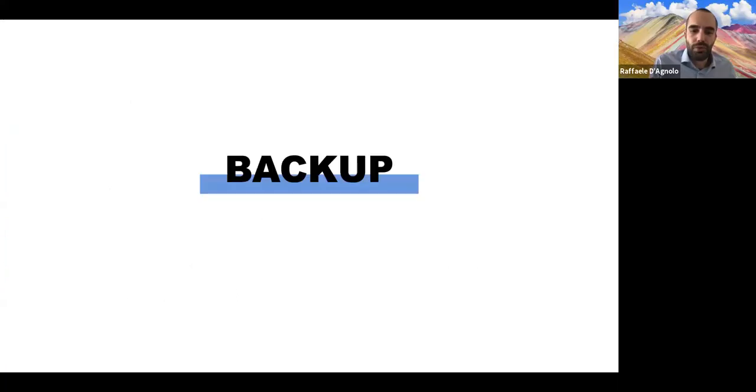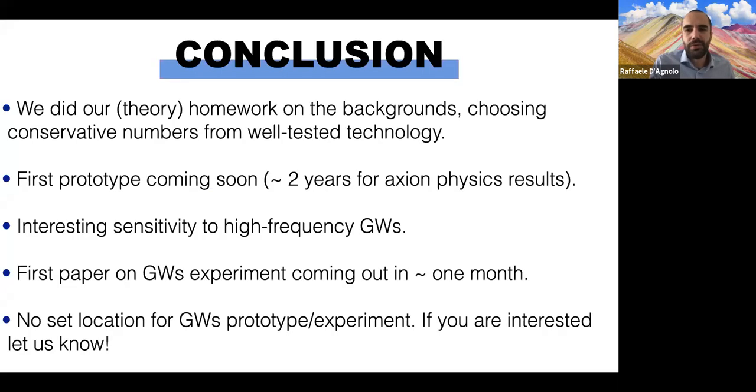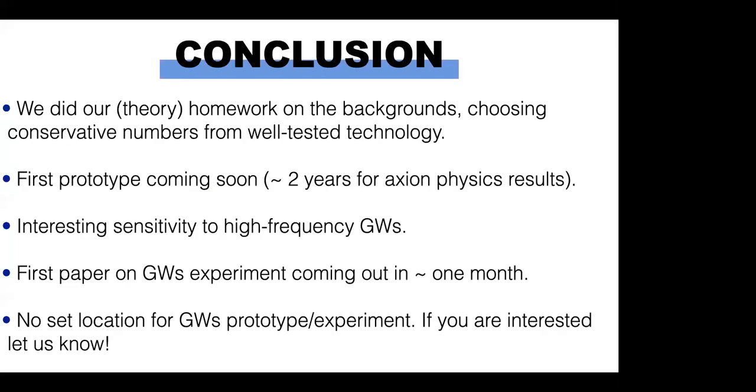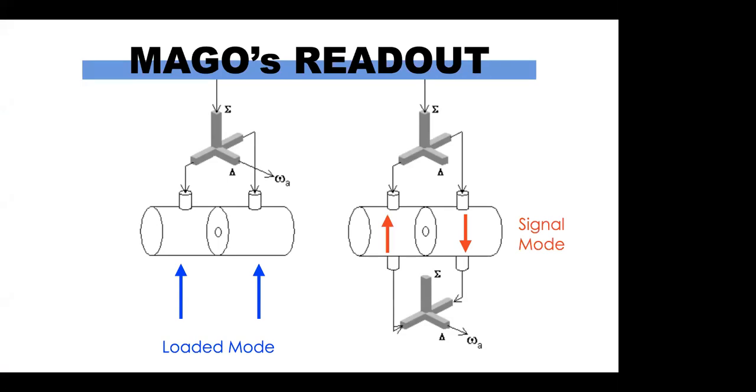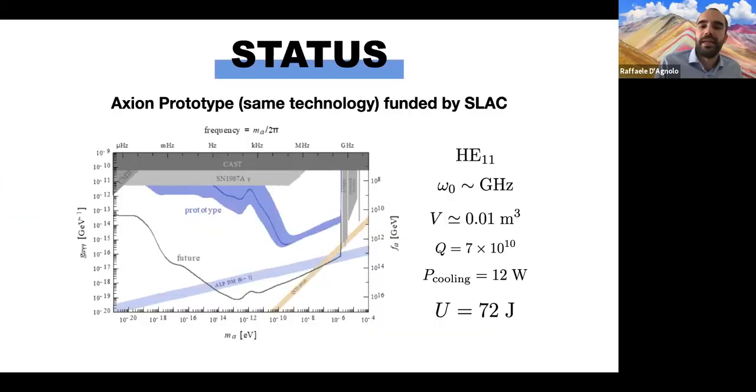So you mean for the readout, or for just finding for the readout? Yeah. And for the mode as well, because what sort of power are you going to put in the cavity for your signal mode? Yes, so the power that we want to put in is of order of, well, the energy is of order this for the prototype that I just showed you.